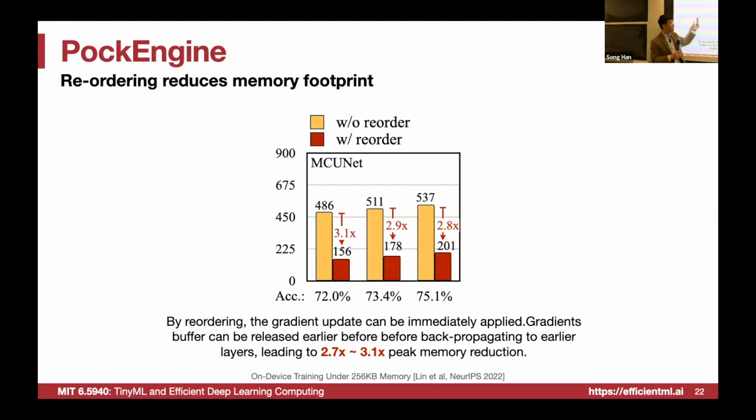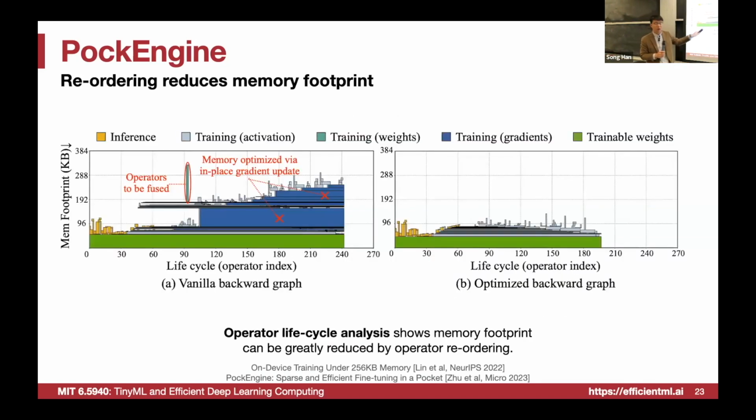With such reordering, it's roughly saving about 3x the memory on the microcontroller. This is for different model sizes, achieving a consistent reduction in memory. This is the plot showing the life cycle of the memory buffer.